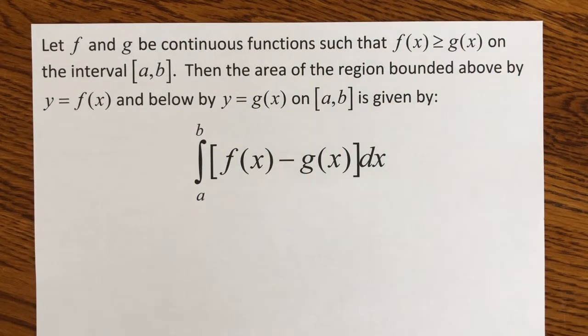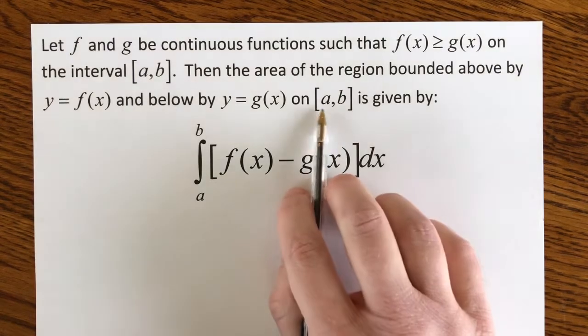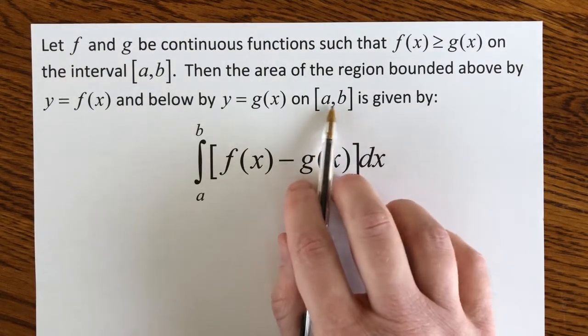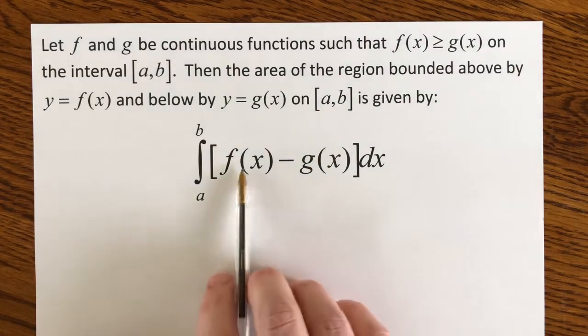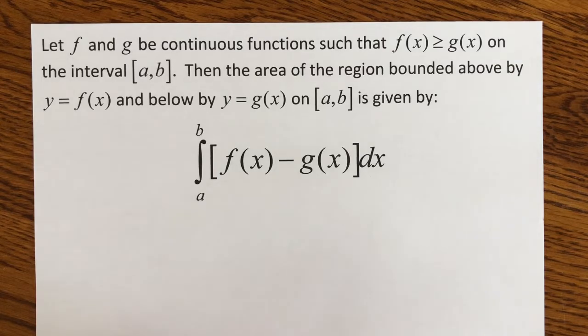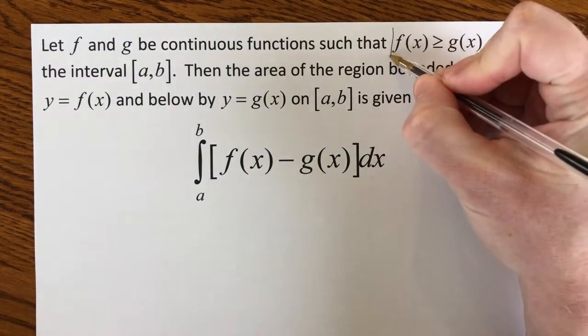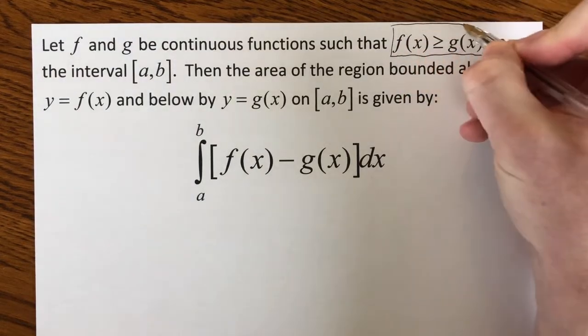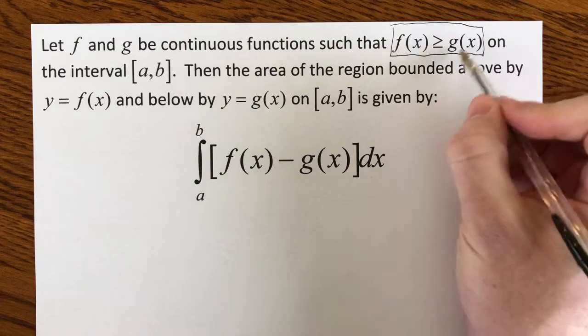So if you want to determine the area bounded by some closed interval a to b, you have to make sure you notate your definite integral in this manner. What do I mean by that? This is very important.